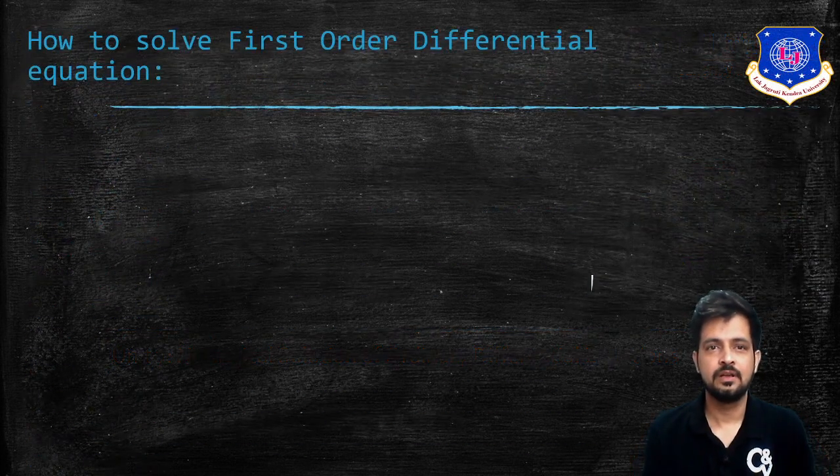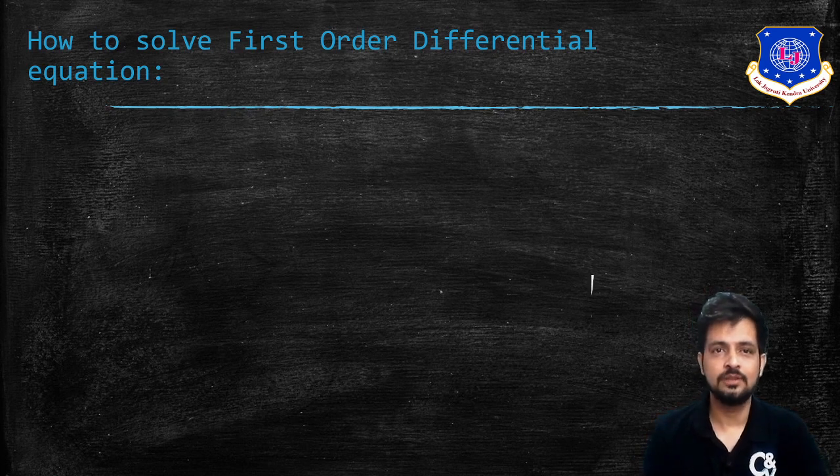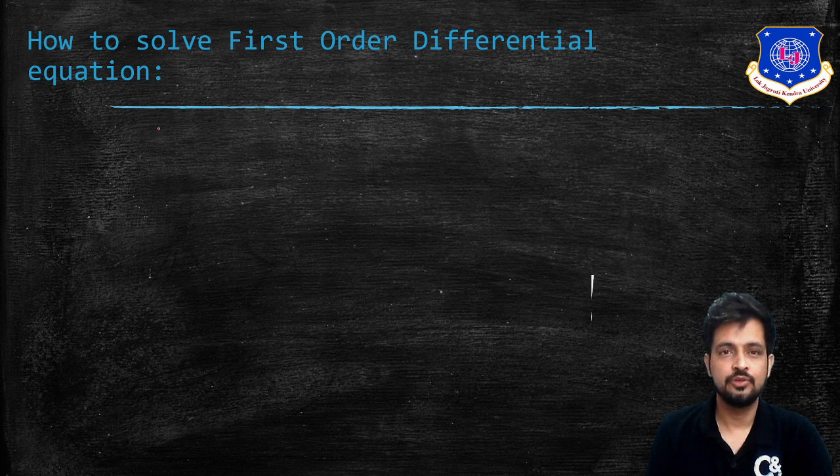Okay, now how to solve the first order differential equations? First of all, you should know what is the meaning of first order differential equation. Which equations are known as first order differential equation?